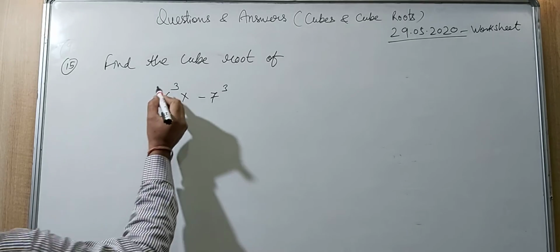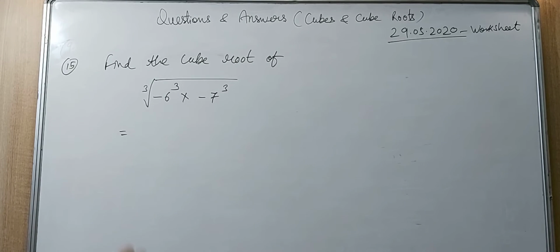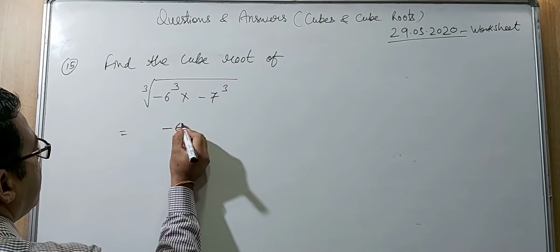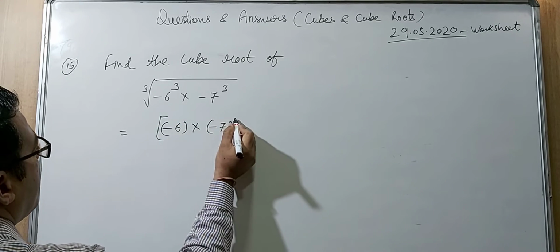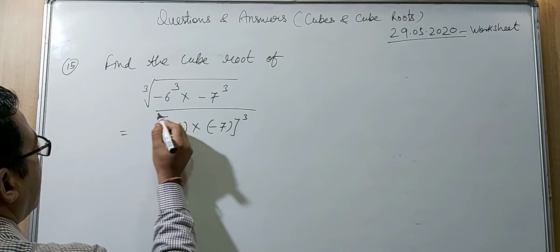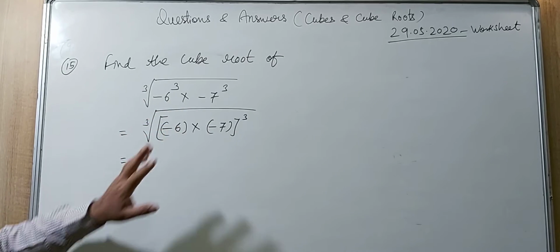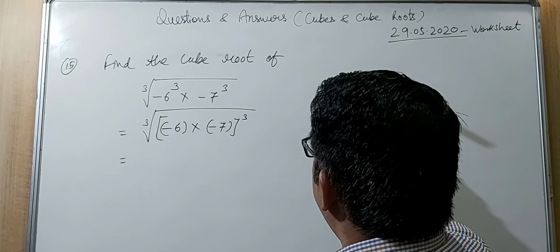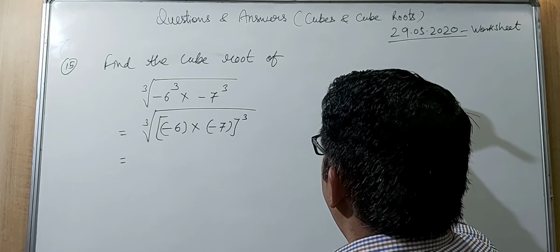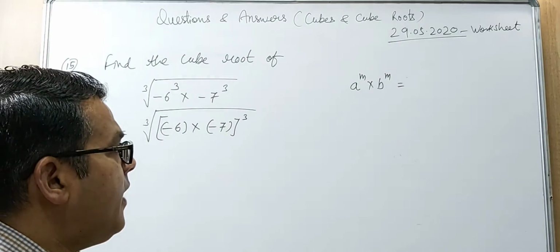So cube root we need to find, it means we can add this symbol by our own. Right? So we can also write it minus 6 into minus 7 and whole power 3, and outside the cube root is there. Right? How can we write this? This is a property of exponent, which says that if two bases are having the same powers.